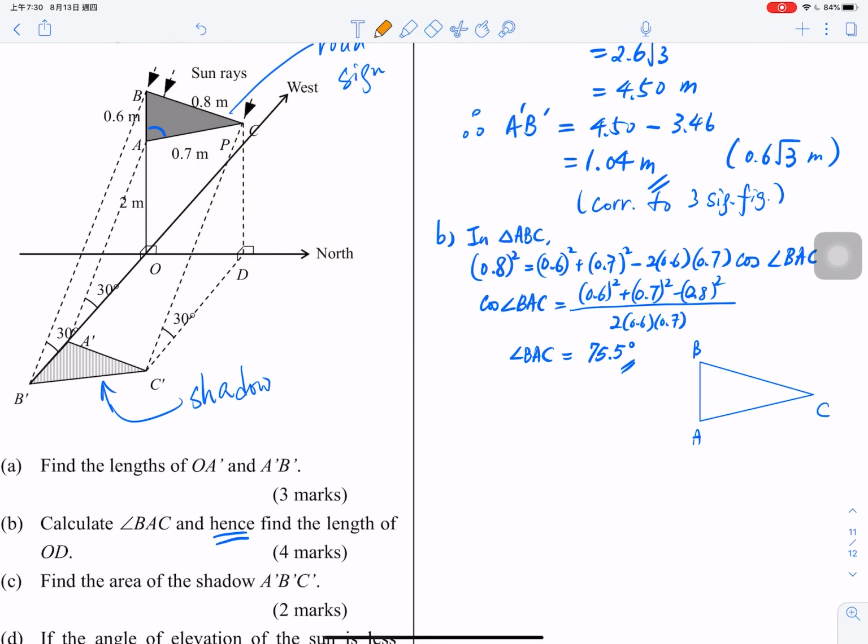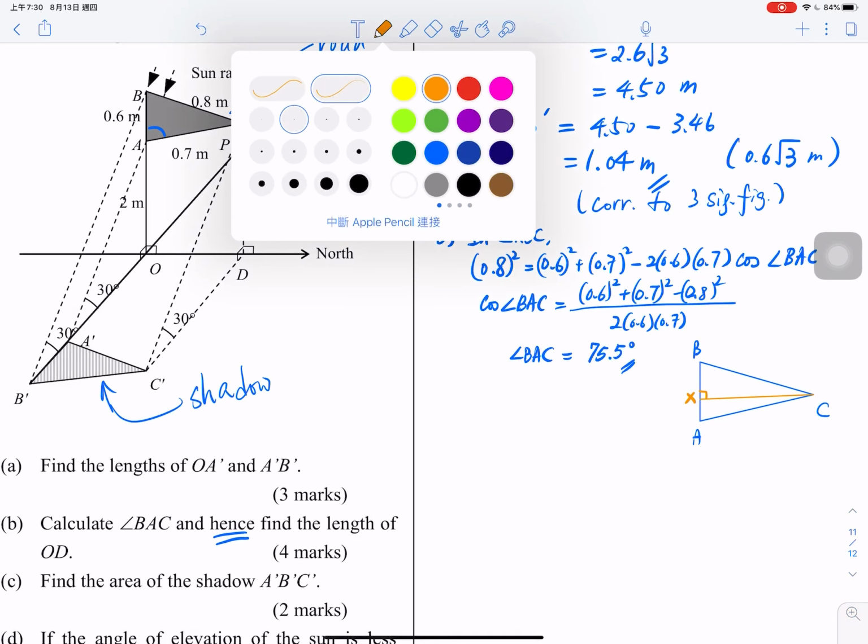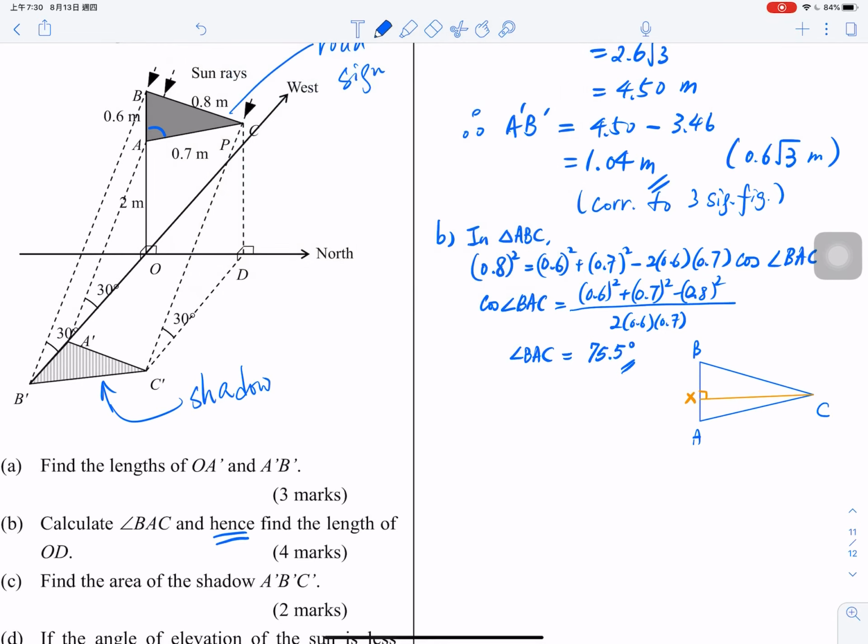Any idea? Yeah, this one. I mark it as X. Okay. And just now we found that this one is 75.5 degrees, right?